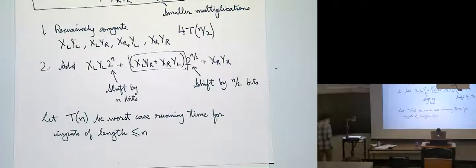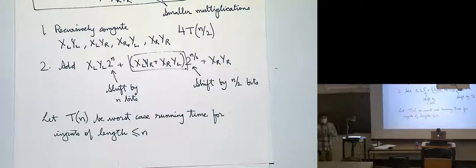We just discussed, right? Adding. XL has n over 2 bits. Right? If you multiply two integers that have n over 2 bits, how many bits maximum could there be in the product? N. At most n bits, right?